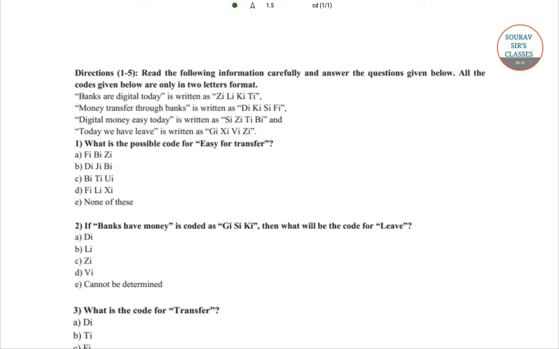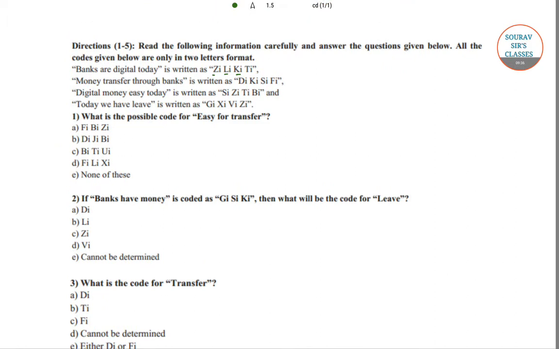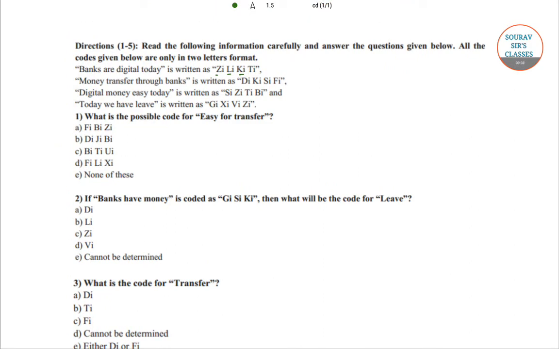Now suppose we have the following question. Here the words in each sentence are coded with certain codes, and after that we are given some questions and we have to answer them. So how will we solve it? For solving this, we will compare two sentences.